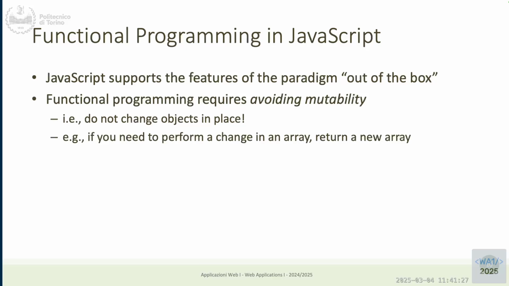So in this case, what we would do is to take an array and return a new array by copying all the old elements plus the new one. Okay? So we can understand that the performance is worse, because we need at least to copy an array into a new array. We need more memory, we need some time for doing all these copies. But the advantage of being able to deal in an asynchronous way with multiple operations normally offsets the performance issue.